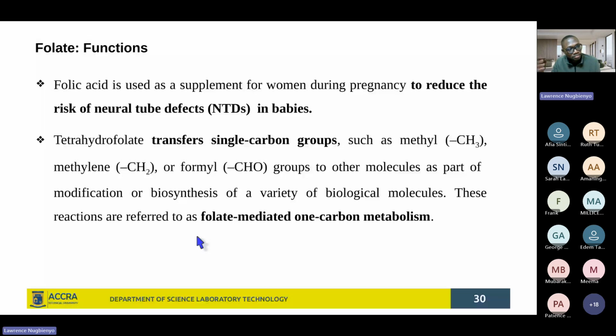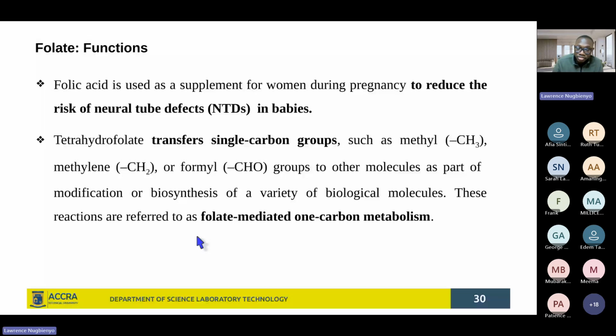So it's involved in development of particularly the central nervous system of the fetus, what we refer to as the neural tube, so that deficiency of it can result in some nervous system disorders, like the brain not developing properly, the central nervous system not developing properly, things like that. So a lot of times this is prescribed to pregnant women to prevent such risks.